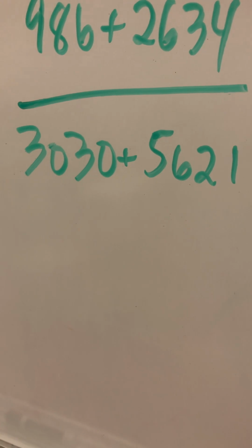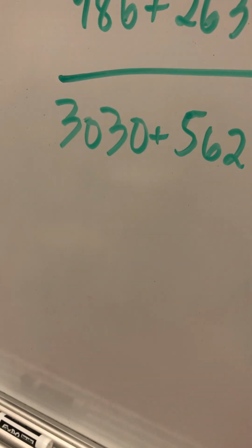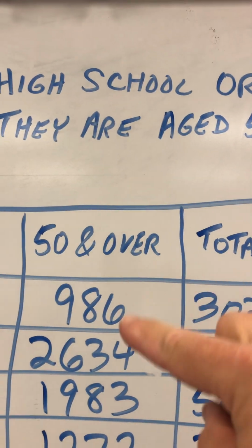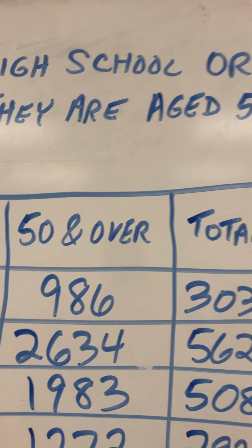3030 plus 5621. Okay. How many are 50 or over? 50 or over are these two numbers, 986 and 2634. Right?